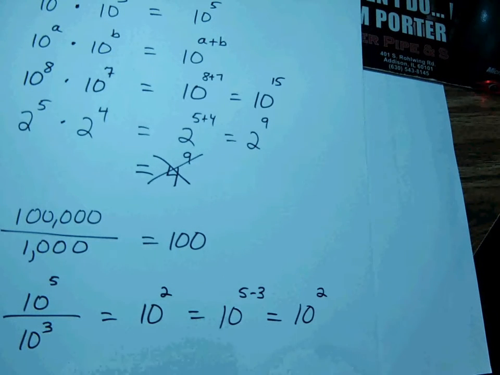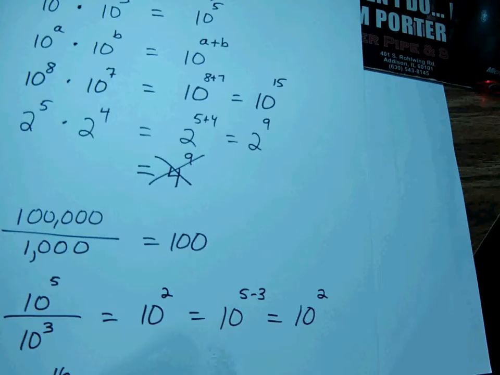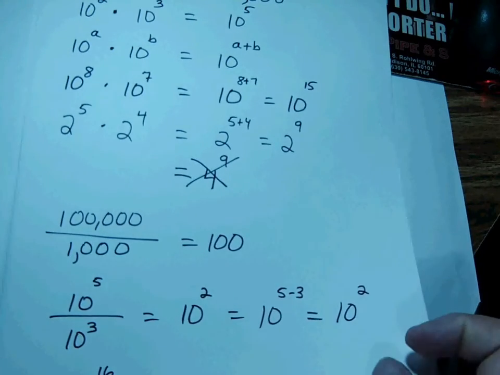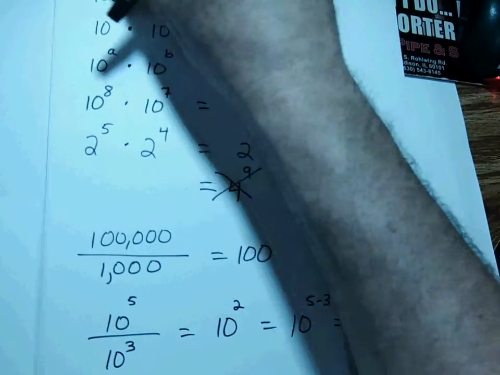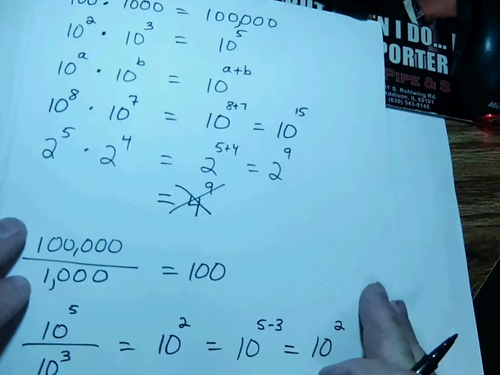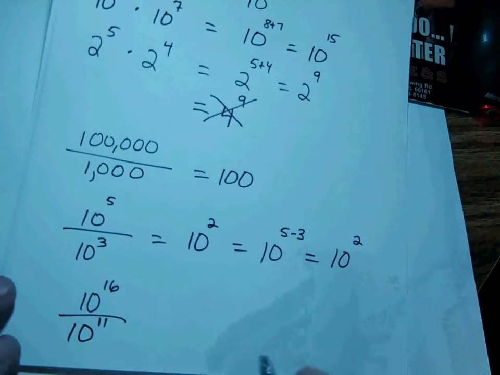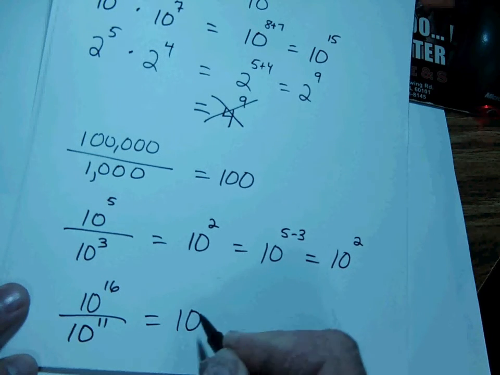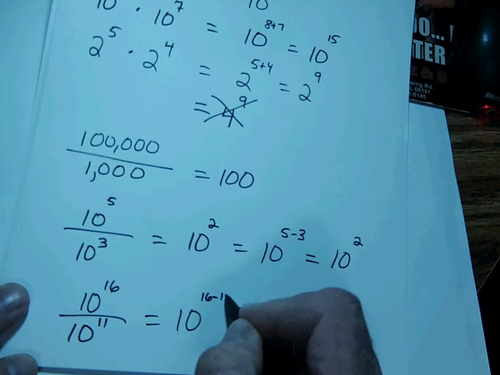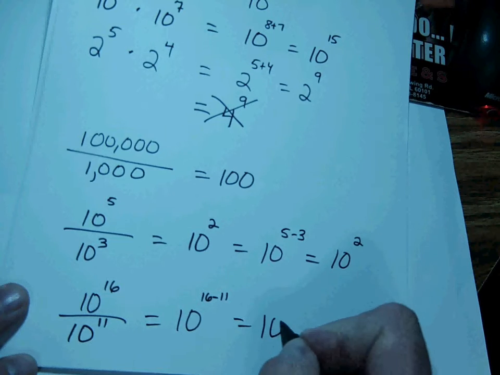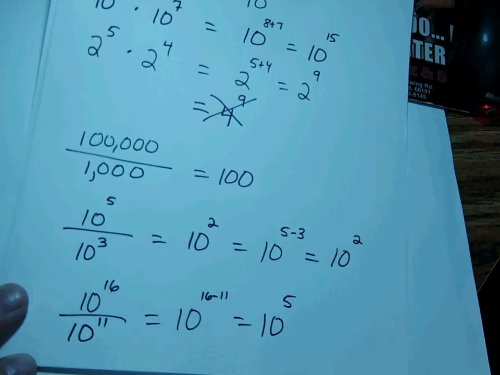Okay, let's try another. 10 to the 16th divided by 10 to the 11th. Well, that's 10 to the 16 minus 11, which we, of course, know is 10 to the 5th power.